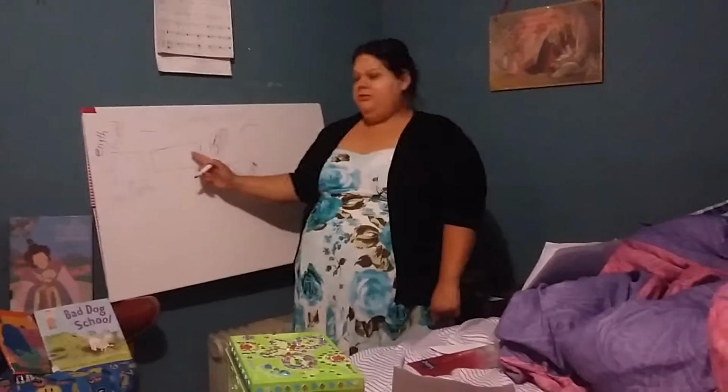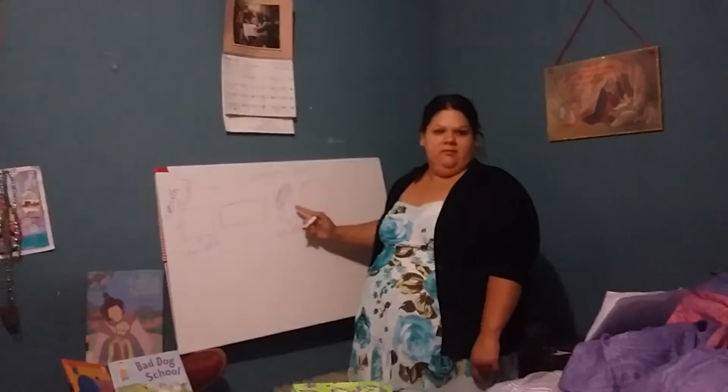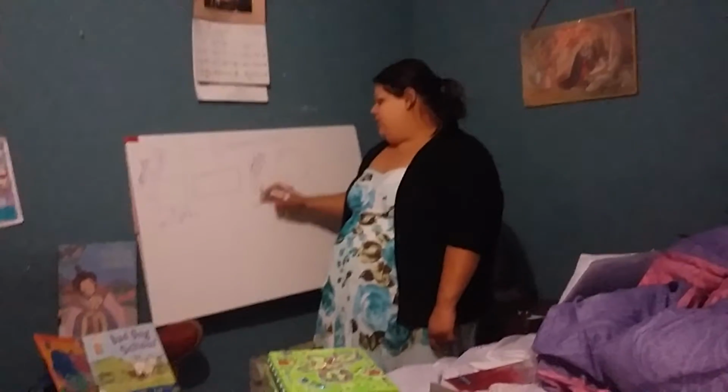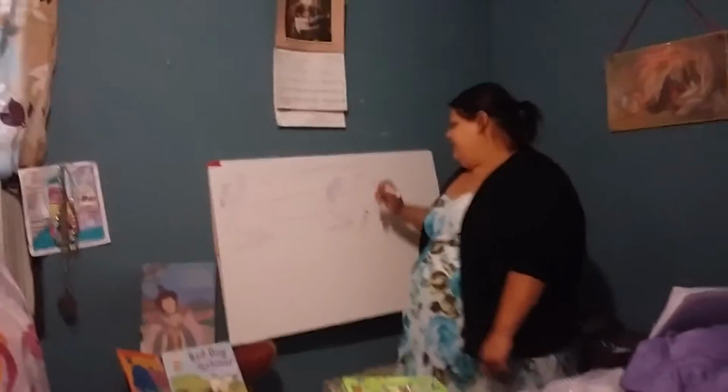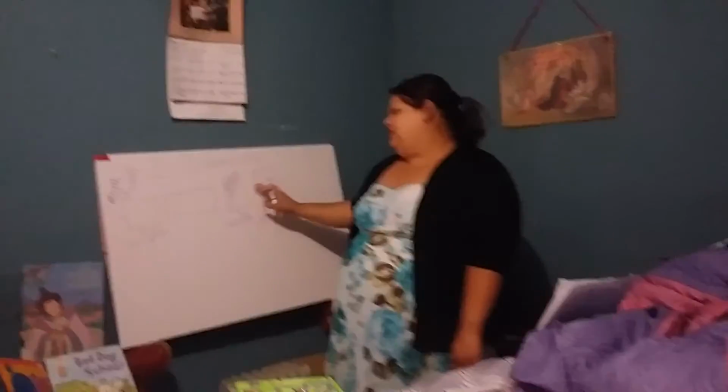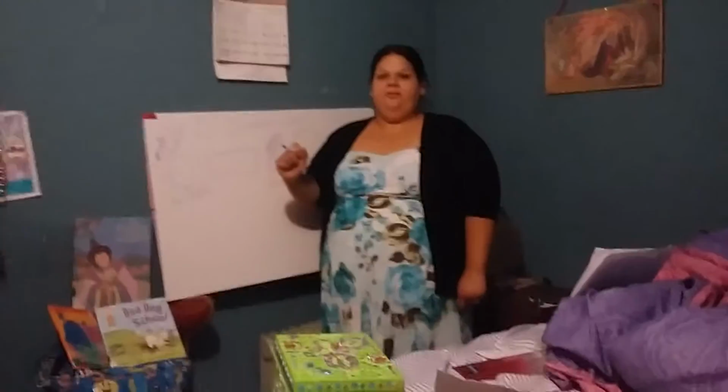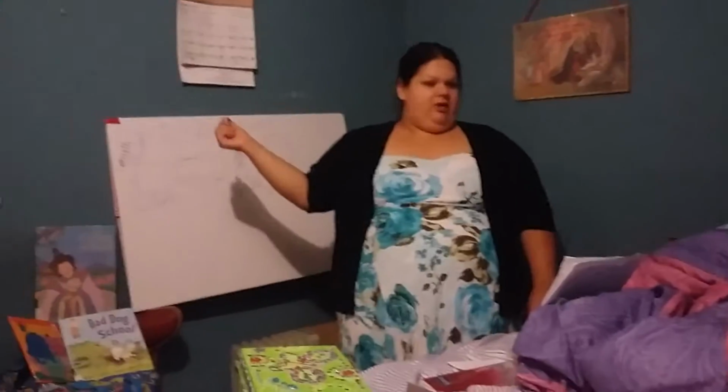A rectangle. How about this one? Remember, triangle, very good. And the last one, I mentioned it right now. A circle, awesome. So now, draw these shapes. Very good. Okay, so moving on.